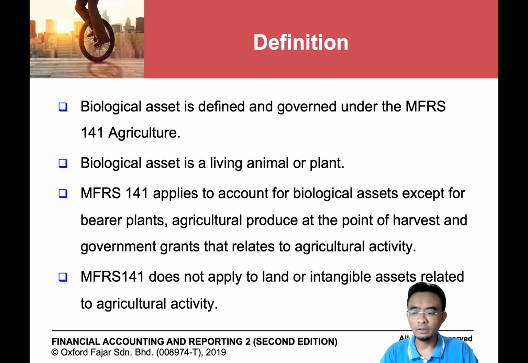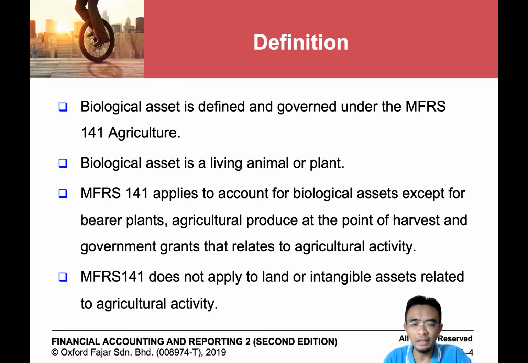assets owned by companies. By definition, biological assets are defined and governed under MFRS 141, Agriculture. A biological asset itself is a living animal or plant. MFRS 141 applies to account for biological assets except for bearer plants.